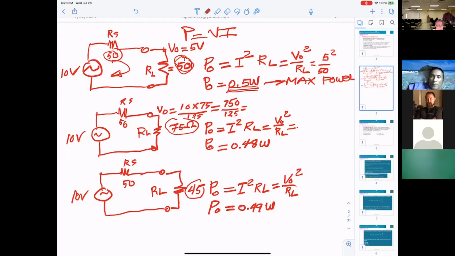They must be matching in order to get the maximum power. Let you understand the transmission between the output of the generator and the load. They have to be matching.